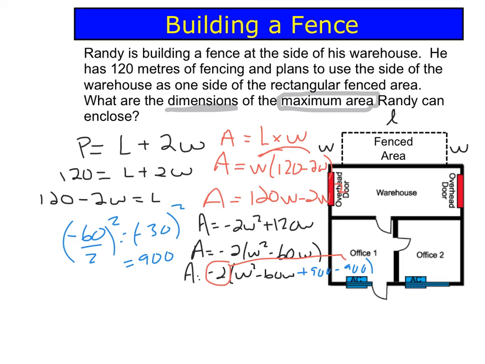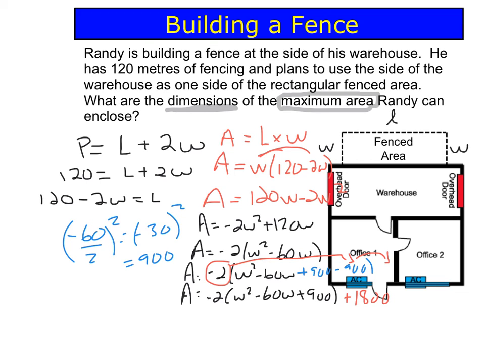Multiply negative 900 by negative 2 to get the negative out of the bracket. Area equals negative 2 bracket W squared minus 60W plus 900, plus 1800.